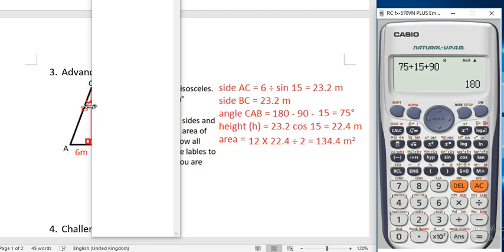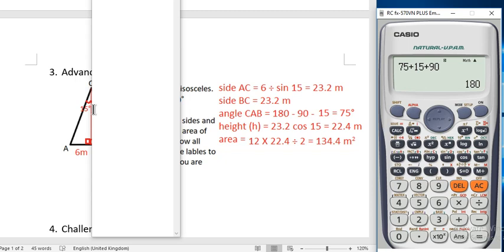In relation to the 15 degrees, we're trying to find the adjacent, the side that is next to the 15 degrees. Now, if the adjacent is something either given to you or you're trying to find it, we use cos.